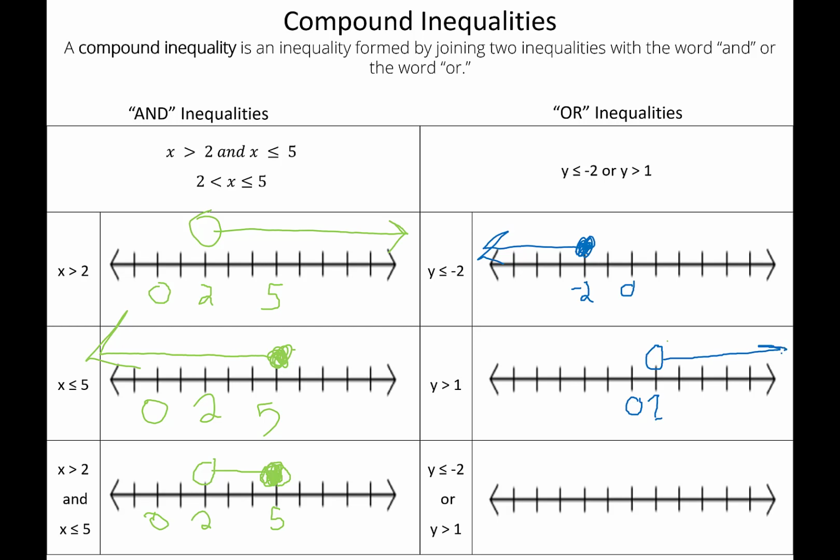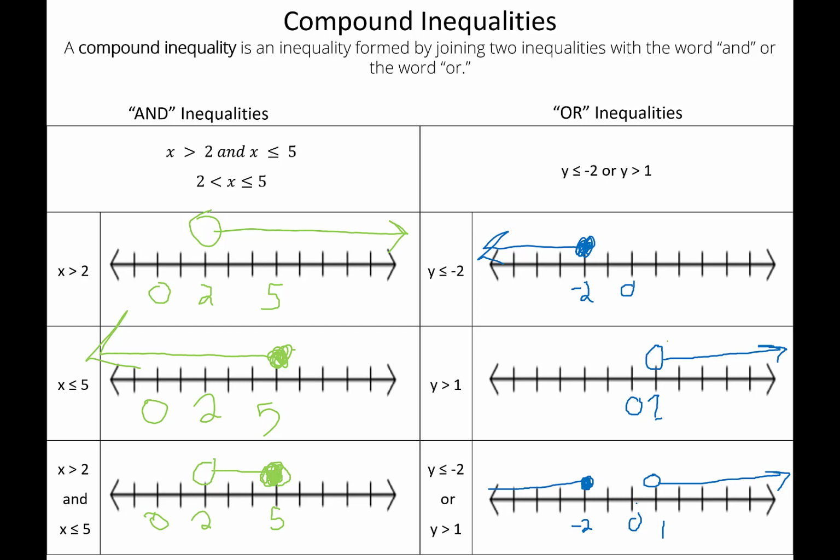Now with "or", we don't have to have both true. So my graph is not going to be overlapping. They're going to look kind of like they're going opposite directions. So there's your difference between your "and" and your "or".